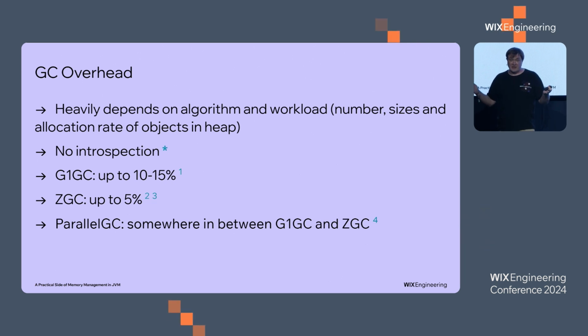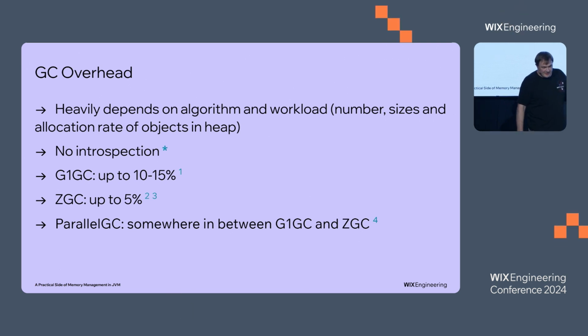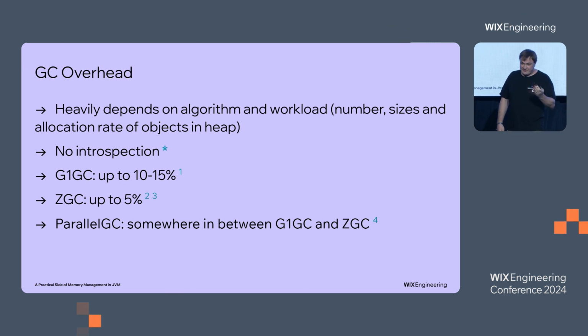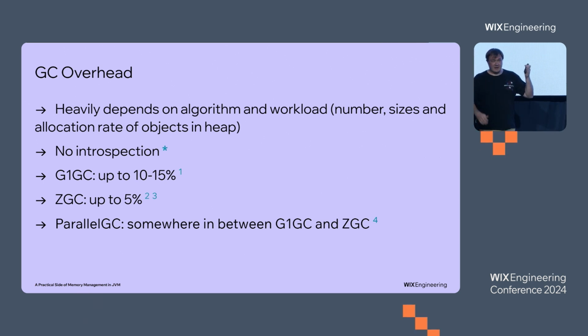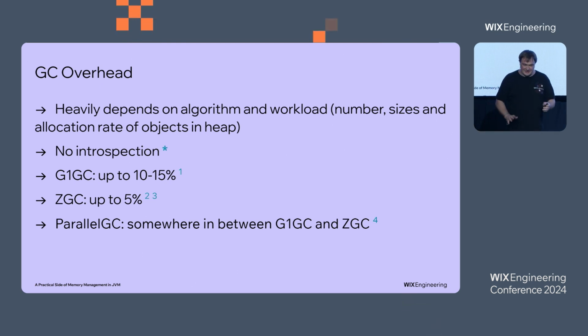So if you have a heap of, I don't know, 4 gigabytes, it means that at least about 400 megabytes will be taken, outside of the Xmx, by GC itself. But it's also heavily dependent on the actual load profile, how the application is using memory. So it's hard to tell how much exactly.